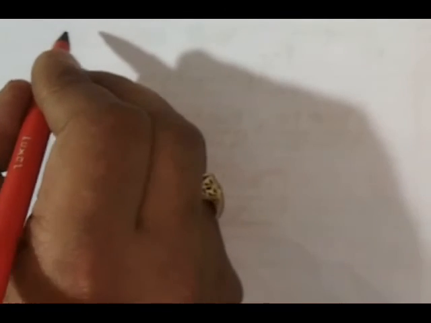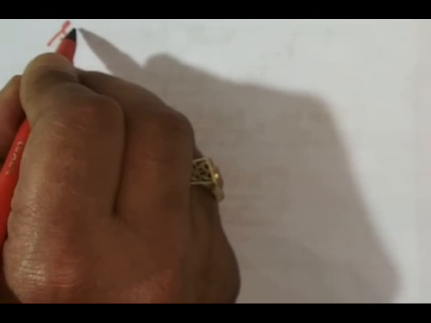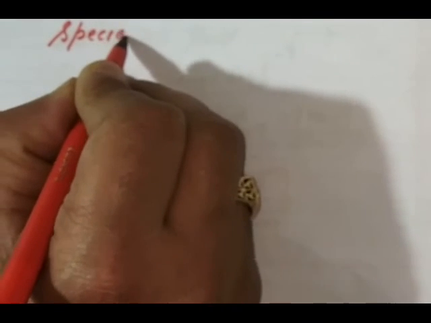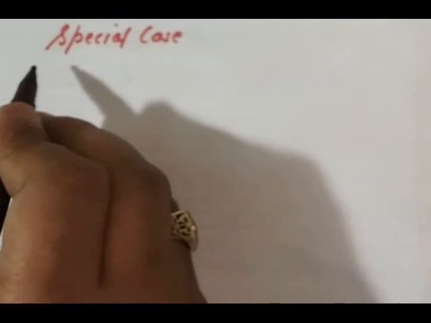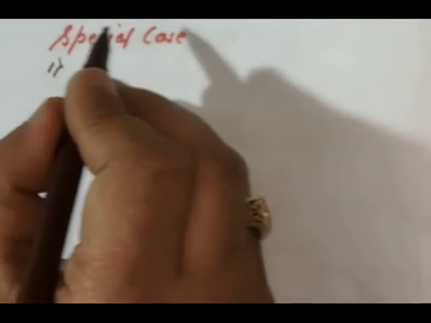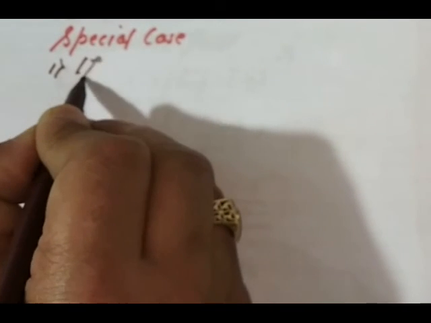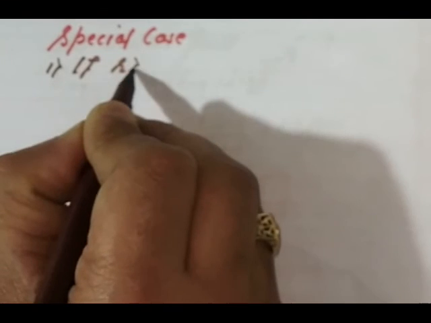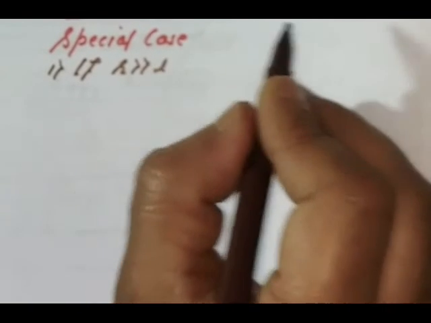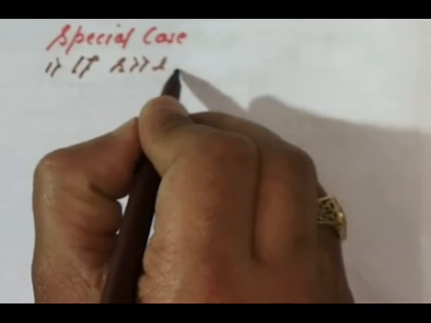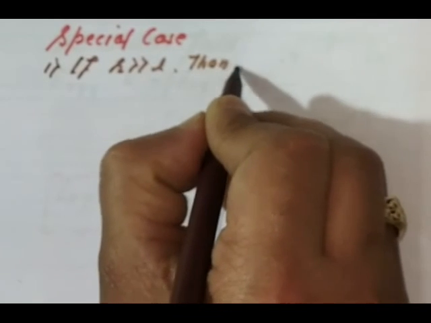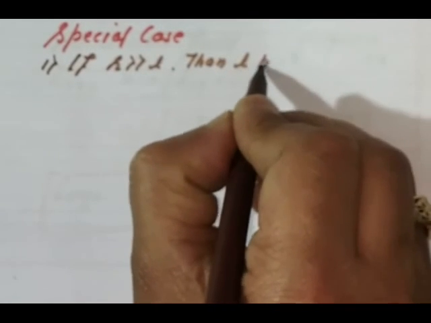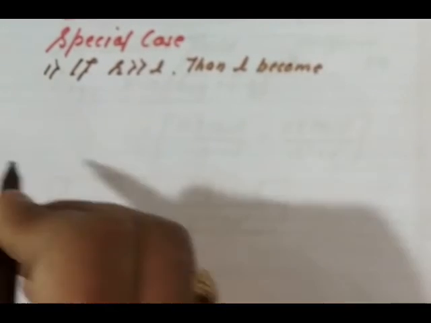A special case: if r is very much larger than L, or the value of r is greater than L, then L becomes negligible.